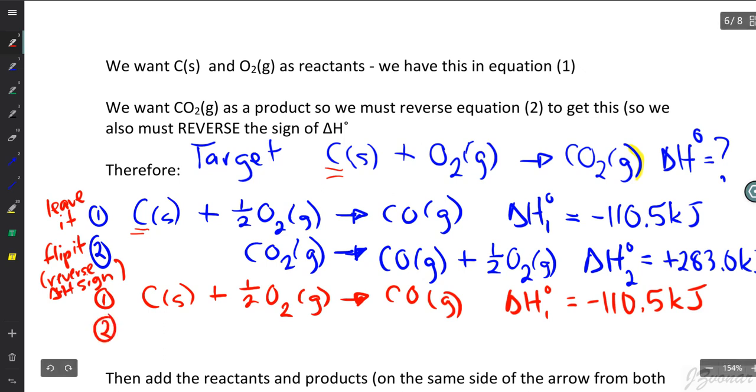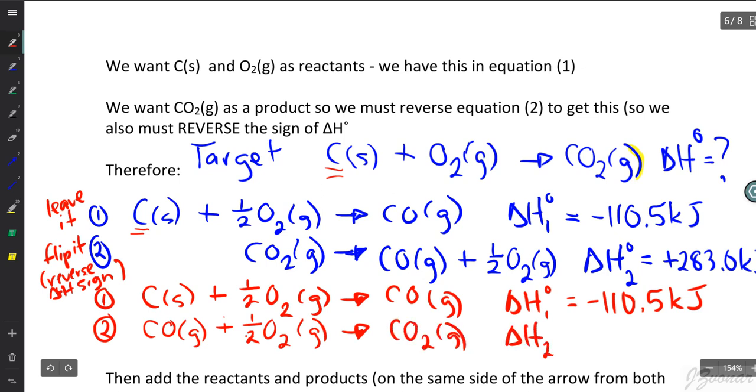I'm going to flip this equation. So now I'm going to put CO as my reactant plus that half oxygen molecule, lining up my arrows, and then I've got carbon dioxide, and delta H2 this time is going to be negative 283.0 kilojoules. I changed my sign from positive to negative. Very important to remember that.